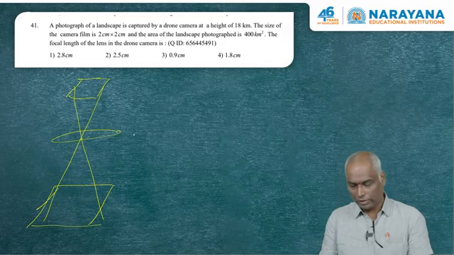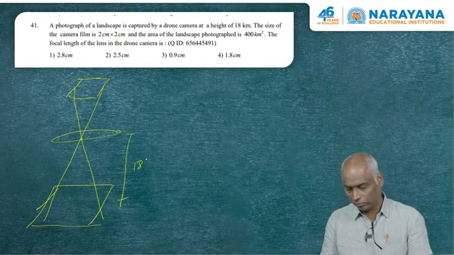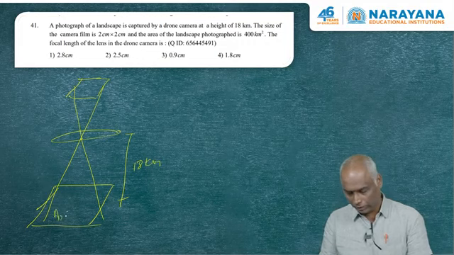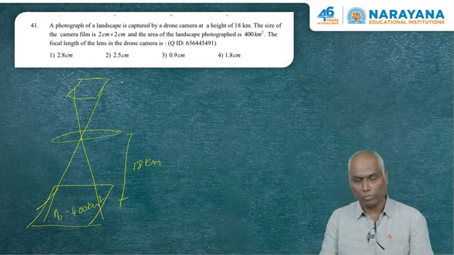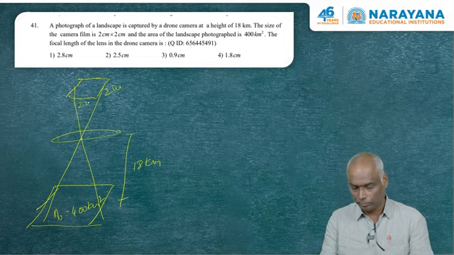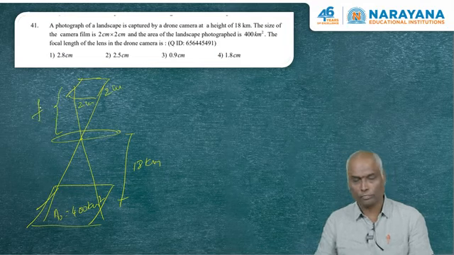It's given that the distance of this drone camera from the surface is 18 kilometers. The area of this object is 400 kilometers square, whereas the area of the film is 2 centimeter by 2 centimeter. This distance we can take as the focal length.